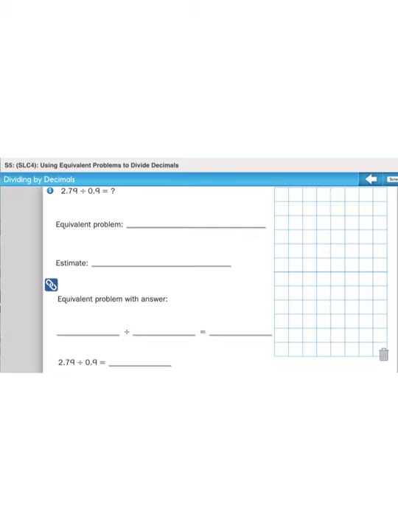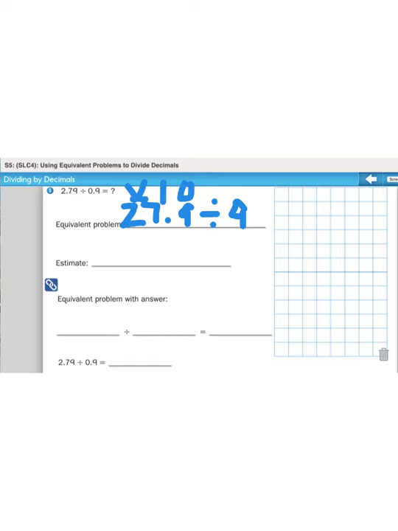Okay, for Math Journal page 227, number 1, the problem is 2 79/100 divided by 9/10. We're going to multiply each of those numbers times 10. So our equivalent problem is going to become 27 9/10 divided by 9.